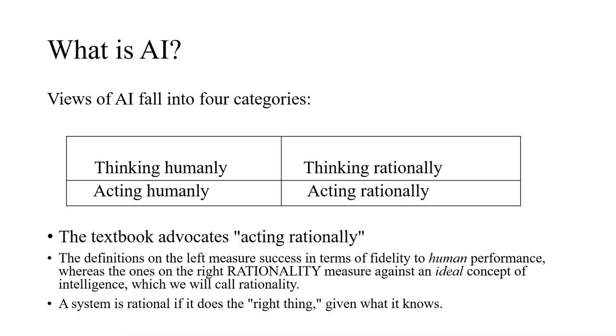Generally most textbooks advocate acting rationally. The definition on the left measures success in terms of fidelity to human performance, whereas the one on the right measures against an ideal concept of intelligence which will be called rationality. A system is rational if it does the right thing.